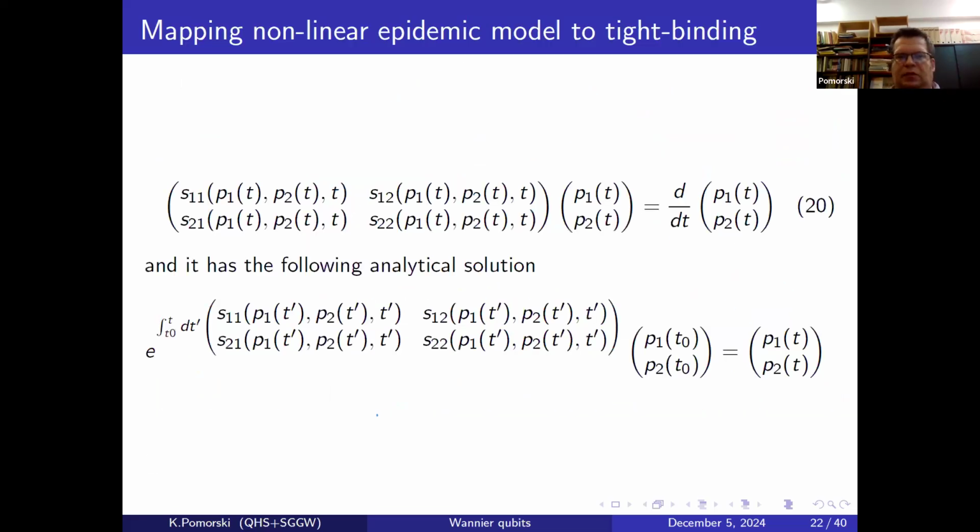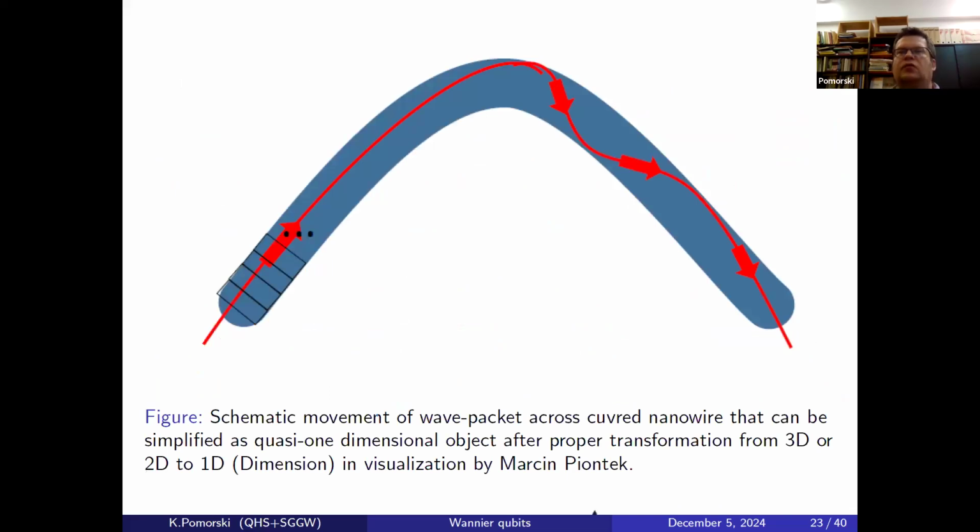Let me move now to these curved Wannier qubits. So far, I have described the straight Wannier qubits. It turns out that it is possible to map a three-dimensional problem into a one-dimensional problem in various areas of technical sciences.